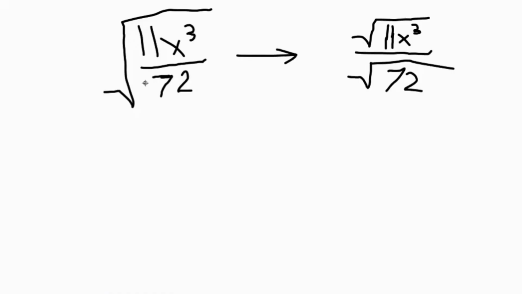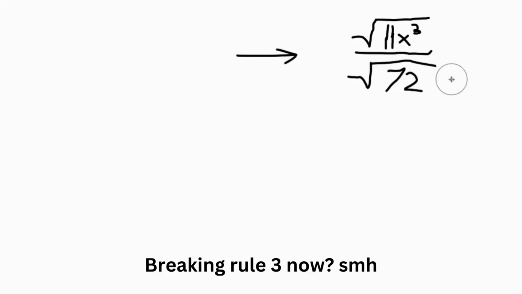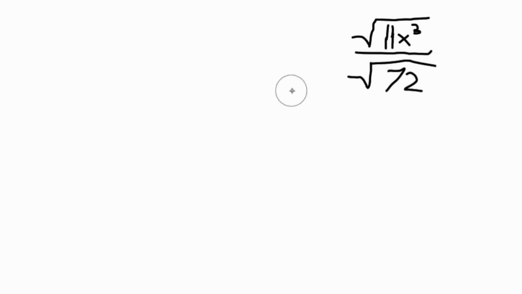Now that we have our new version of the radical right here, let's identify it again, okay? Let's see what's happening right here. Yeah, it's breaking another rule. We can't even work with this until it's fully fixed, okay? And the rule it's breaking is number 3. There can be no radicals in the denominator.